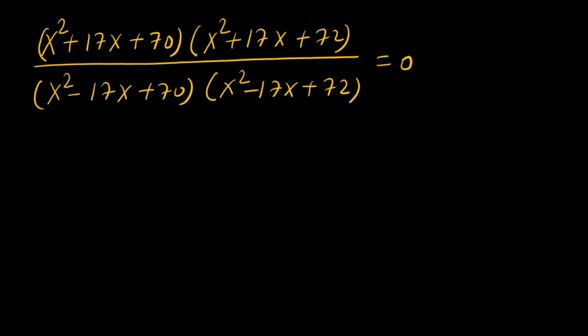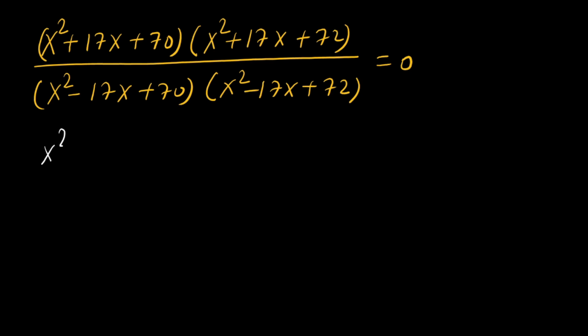Now look carefully, this expression is x square plus 17x plus 70 and this expression is x square plus 17x plus 72. If we split 72 as 70 plus 2, then we can apply the method of substitution.